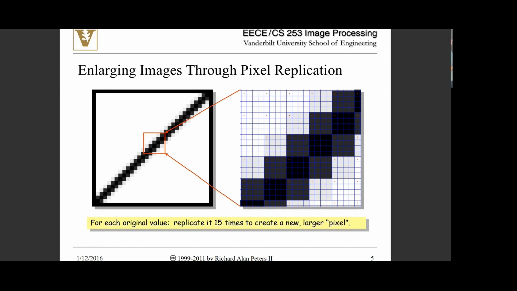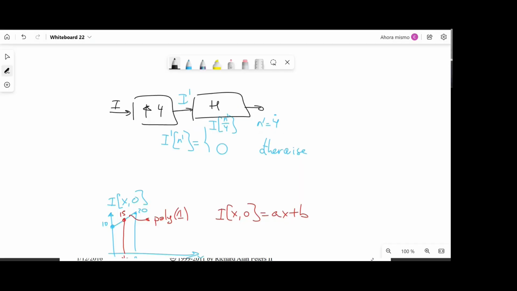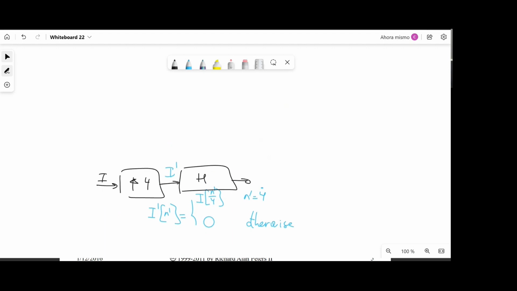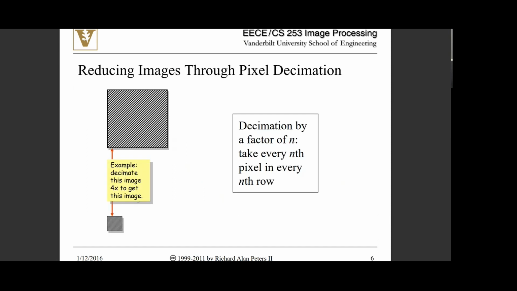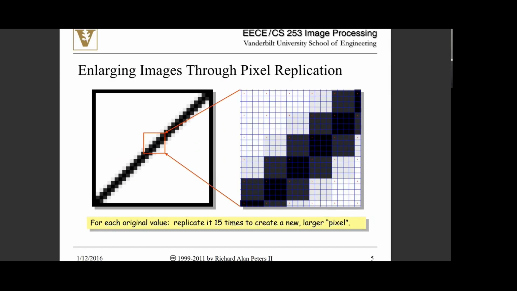If this is our gap filling operation, this is a filter. This one here is simply a matrix full of ones. So this one is copying the pixel to the neighbors. This is a possibility. This is called nearest neighbor interpolation.